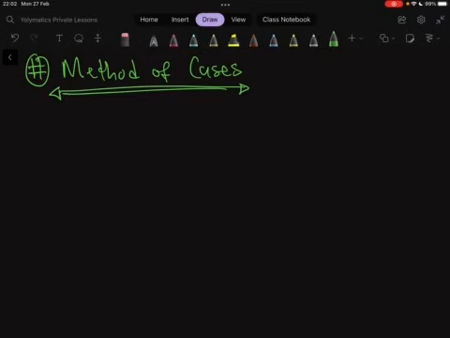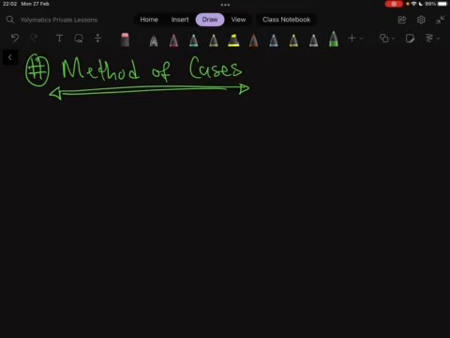Okay, so method of cases now. So what exactly is the method of cases? The method of cases is based on actually trying to look at particular cases at a certain instant and trying to solve for those particular cases and see what happens.